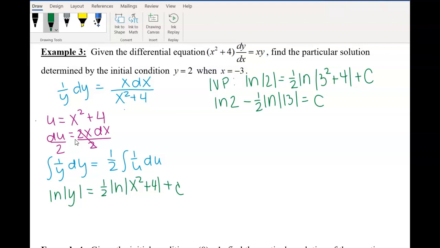That's going to replace the c in my problem with all those logs. The only way to really clean it up is to bring those 1/2s in as a power. The only reason you would do that is because we're going to e both sides to get the y alone.